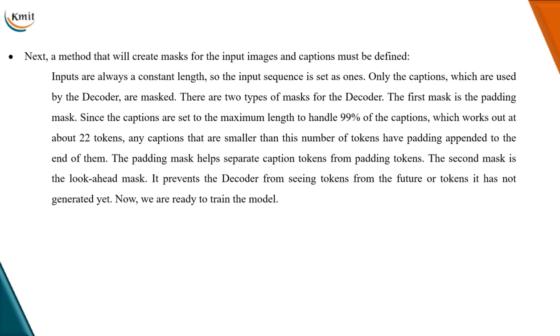The first is the padding mask, since the captions are set to a maximum length to handle 99% of the captions, which helps separate caption tokens from the padding tokens. The second one is called the look ahead mask, which prevents the decoder from seeing the future tokens it has not generated yet.